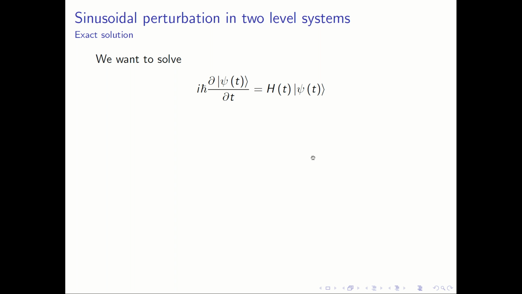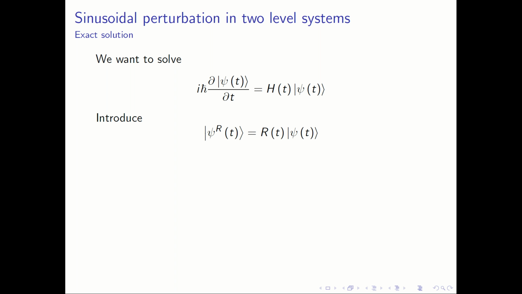Well, let's set up some background first. This is something we had described earlier in a different context, but let's talk about this again. Remember, what we want to do is solve the time dependent Schrodinger equation, i h cross del psi del t is H(t) psi(t). So we want to find out psi of t. But what we do is, we try to simplify the problem by finding out psi_R(t). This is really a change of picture, like when you change from Schrodinger to Heisenberg or Schrodinger to interaction picture.